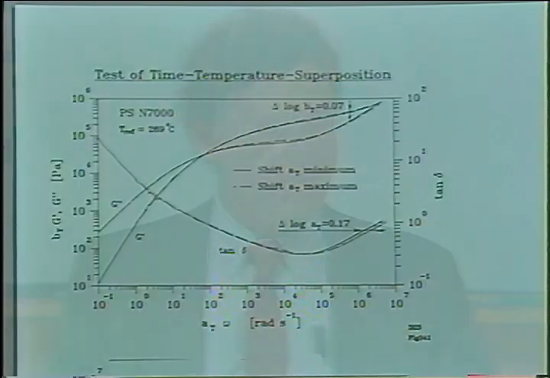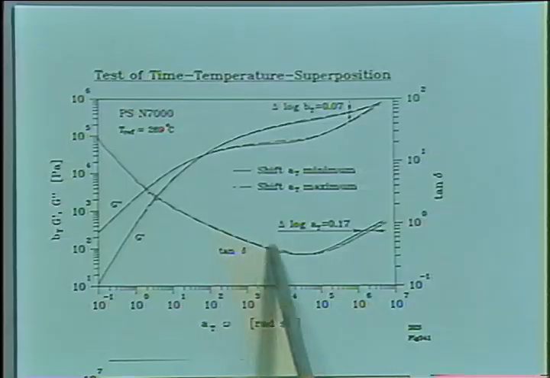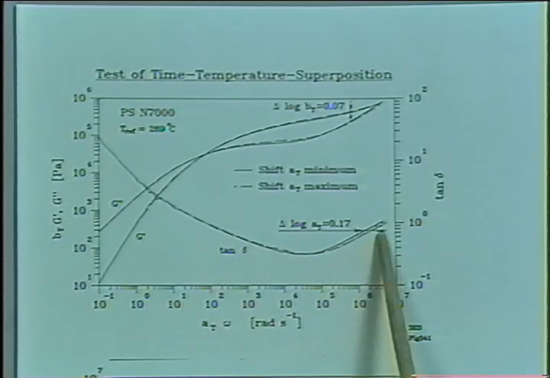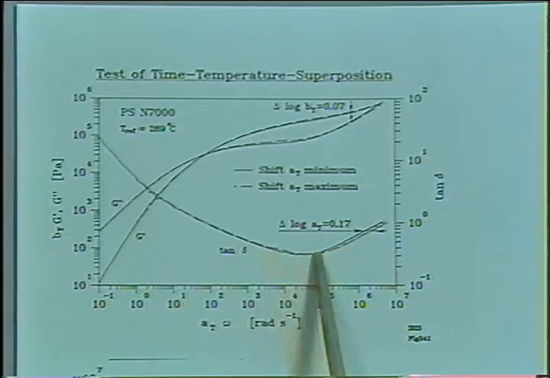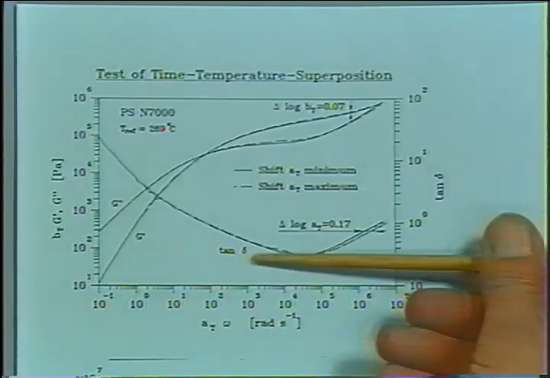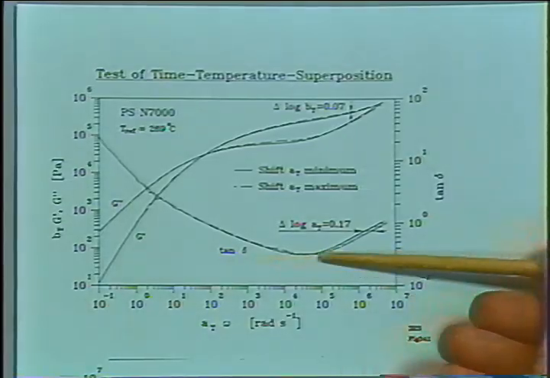But even the shifting has a problem. When shifting tan delta, from shifting the different tan deltas, there is a low region in the tan delta curve. And in this low region, we have very little criteria about sideways shifting.